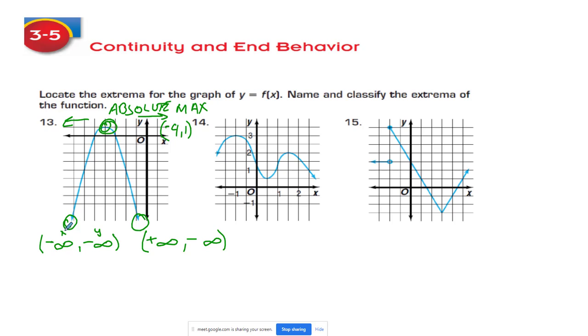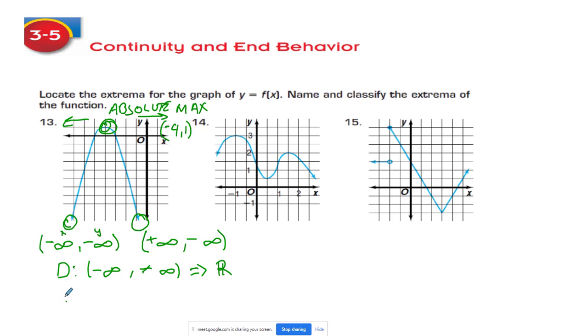So if we want to talk about the domain and the range, which is also important: the domain, which deals with the x's, using interval notation, x can go from negative infinity to positive infinity. Or we could say it's all real numbers for x. Any number can go in for x.